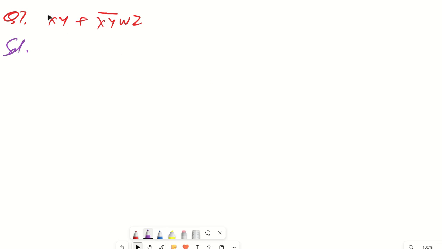You can see that if I consider xy as one term and wz as another term, let's say xy is equal to A and wz is equal to B, then it is looking like A plus A bar B, and this is how you know that it is equal to A plus B, right?